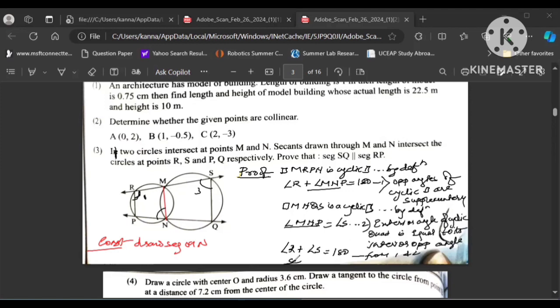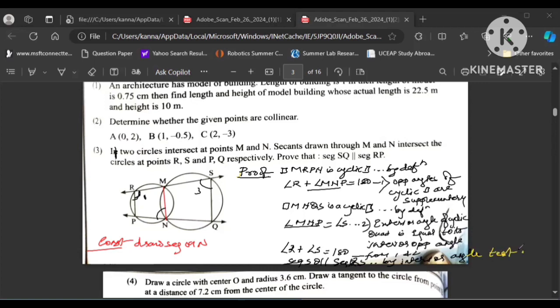Therefore, segment SQ is parallel to segment RP by interior angle test.